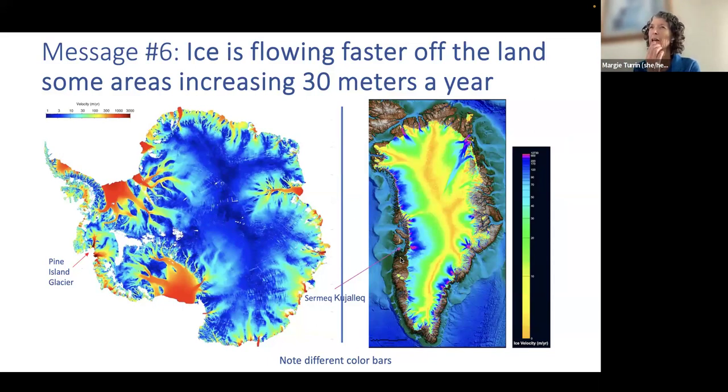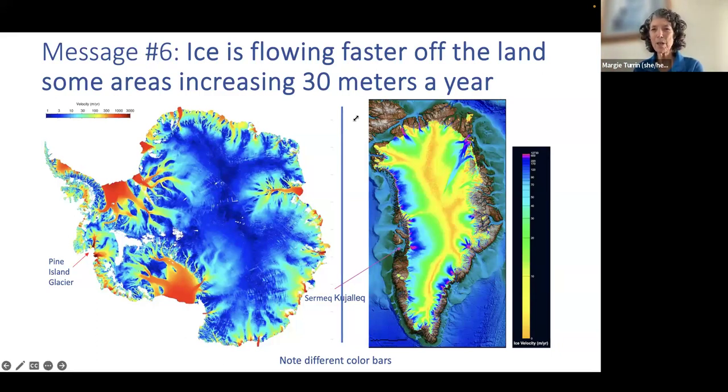By the way, there is a push to try and use the native Greenlandic names for the glaciers. They're trying to make sure that we start to put that into our vocabulary out of respect for their history on the land.